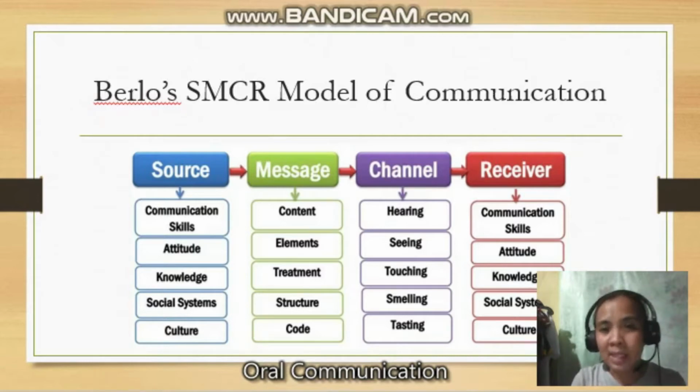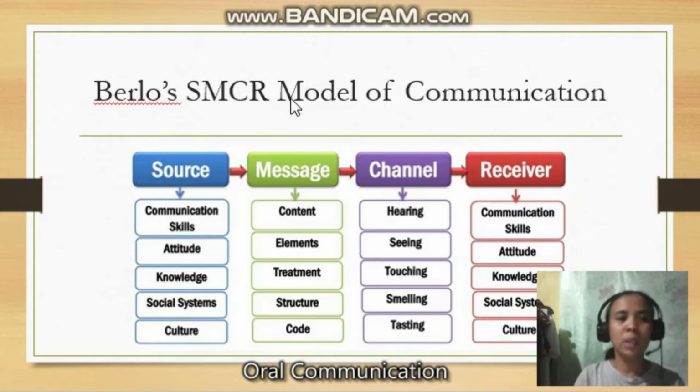Also, the SMCR model of communication is linear, just like the Shannon-Weaver model of communication. And in here, both of the people must be similar according to all the factors mentioned above, particularly when we're considering the sender or the source and also the receiver. They must be similar according to the SMCR model of communication.